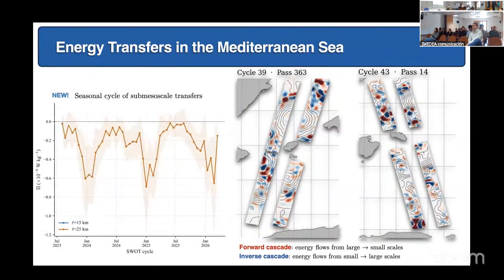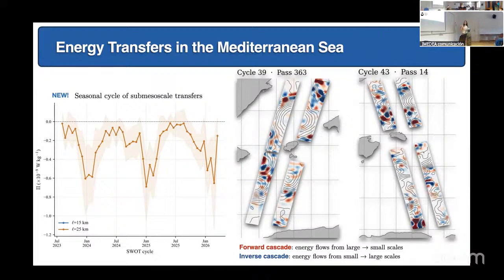Yeah, but the problem with models is that they don't get that seasonal cycle. If you look at one snapshot of transfer, for example this one, maybe models do it well. But when you look at the timing of the transfers, they don't get this seasonal cycle, and even high resolution models didn't get that seasonal cycle.